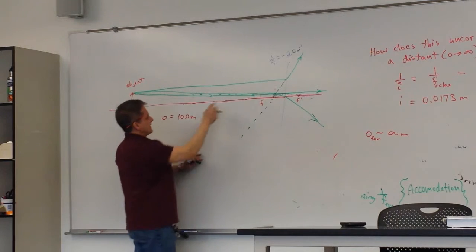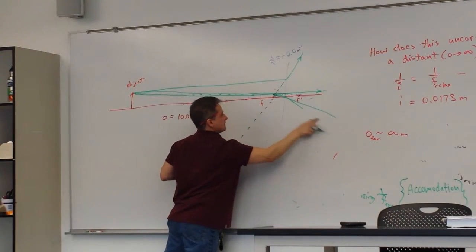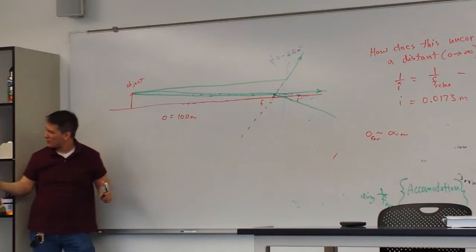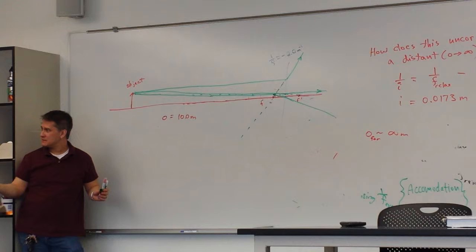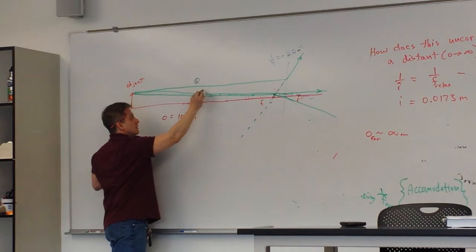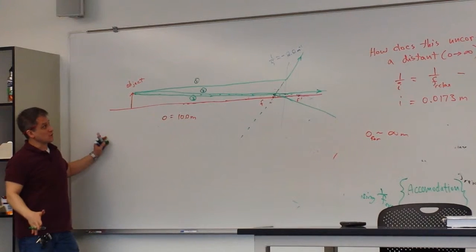It goes straight through the center one. You don't go through R because you don't really have a functional R when you have lenses. With mirrors, yes. With lenses, no. So you use parallel, through F, or through the center. Any two of those three or all three.